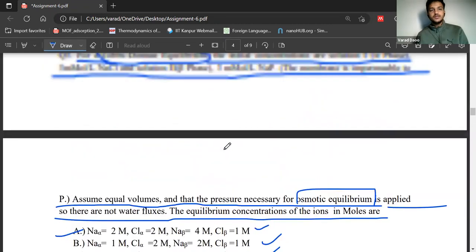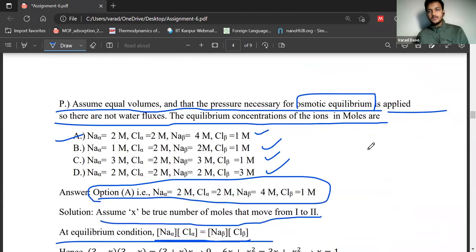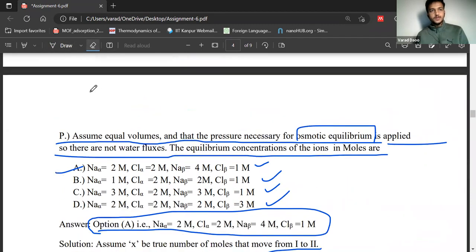Let me write it like this: Na alpha plus Cl alpha in equilibrium with Na beta plus Cl beta, right?